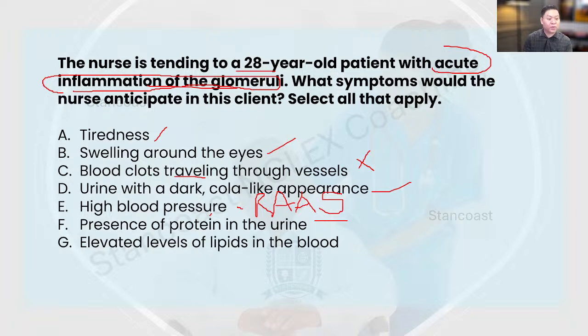So here we have the blood clots, C, thromboemboli or thromboembolism. It's not present in acute glomerulonephritis. It's only in nephrotic syndrome. So you need to eliminate that. Same thing with the hyperlipidemia in letter G. Eliminate that because we've never talked about that part of the pathophysiology in acute glomerulonephritis.